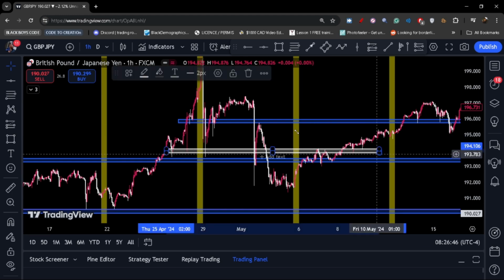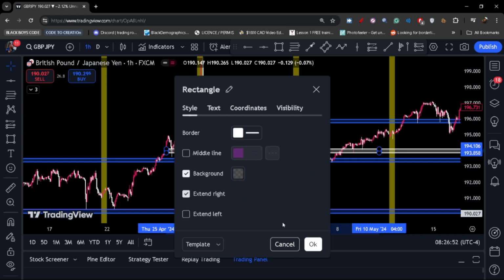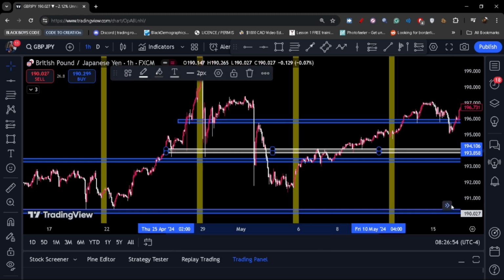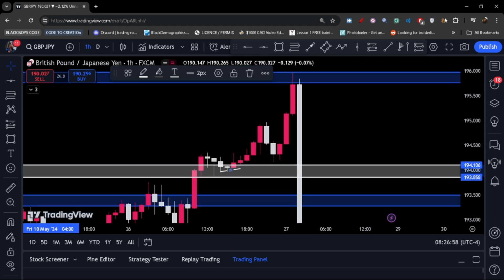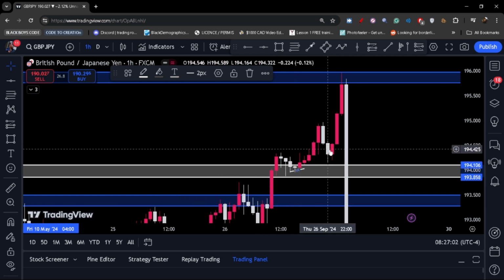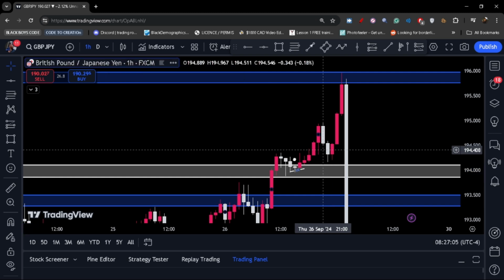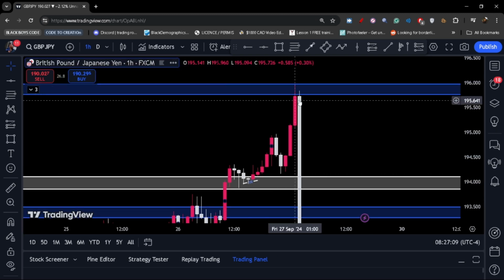So if you now extend this to the right, you can clearly see price was now reacting off that area here, right, boom, and then price now came close, and then I'll give these two entries, and then you now cut this move here, and then price came to this daily area of interest, right?